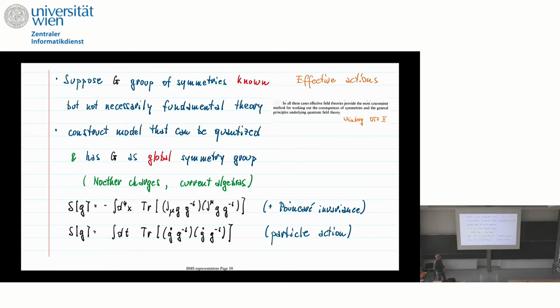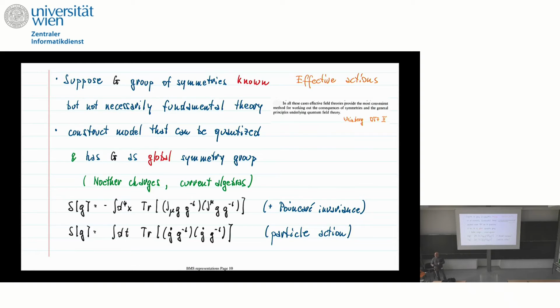So what's the physicist approach to this thing? I think a very good way to think about it is in terms of effective actions, like again in Weinberg's quantum field theory book. So in a nutshell, suppose that you have a Lie group of symmetries that you know, but you have no idea what the fundamental theory is.